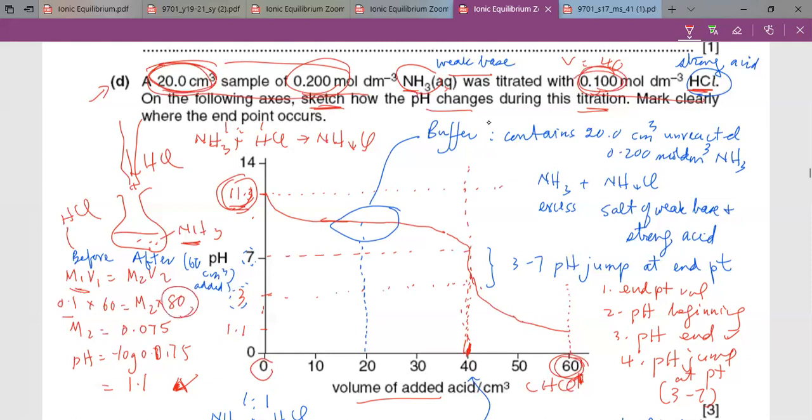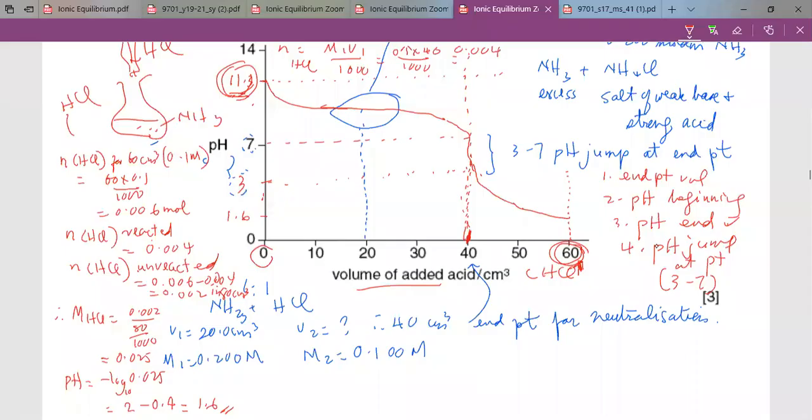So before and after, what would be my concentration? But of course here you need to find the one reacted. So how much HCl reacted? Originally, it's a bit wrong, sorry about this. The number of moles of HCl reacted will be M1V1 over... let me stop this for a while so that I can do it easily.